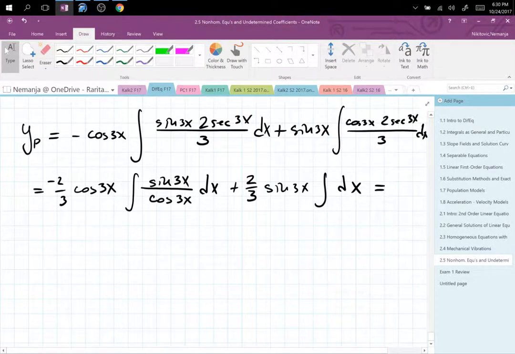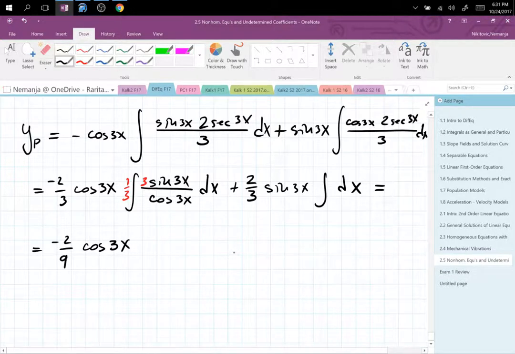Nice. I need a 3 and 1/3 to make the u sub work. So this is now negative 2 over 9 times... The integral of cosine is positive sine.